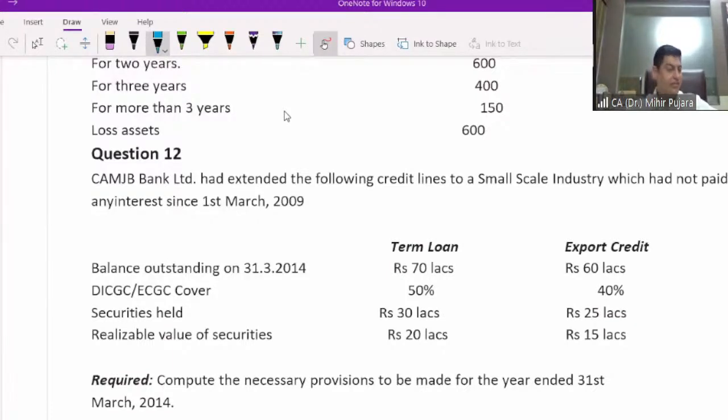Okay, guys. So there are two types of loan. One is term loan. Second is export credit.